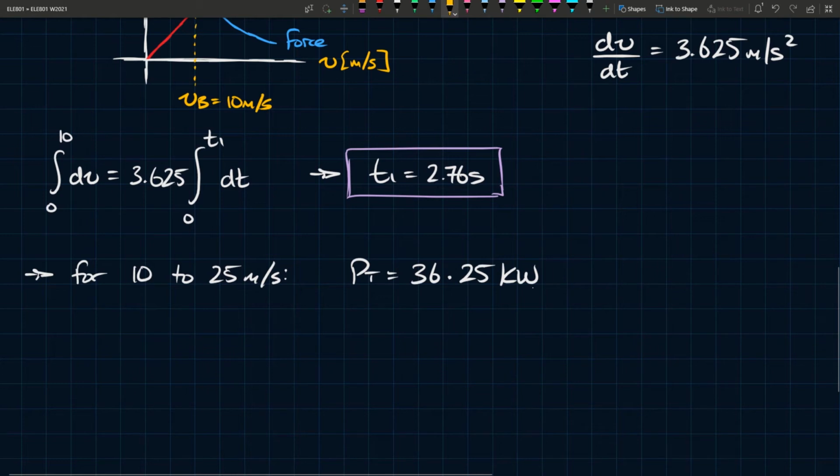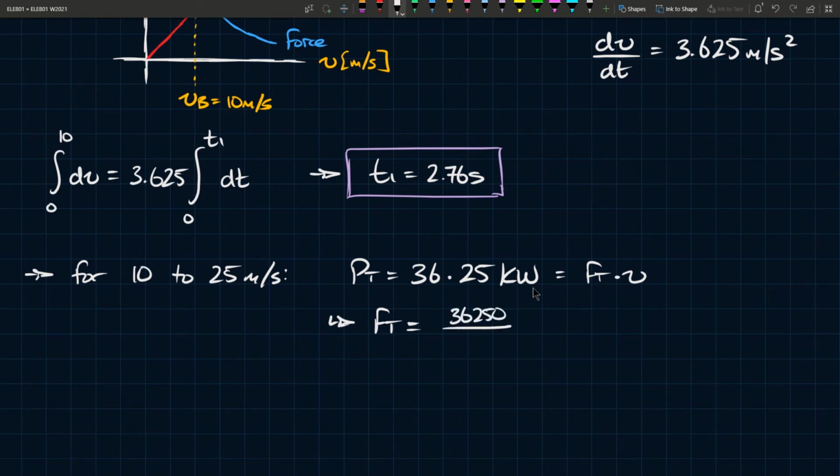So next we can say that during this region, we have that the force should decrease based on this requirement, right? So this is equal to Ft times V, meaning Ft should equal 36,250 divided by V, right?